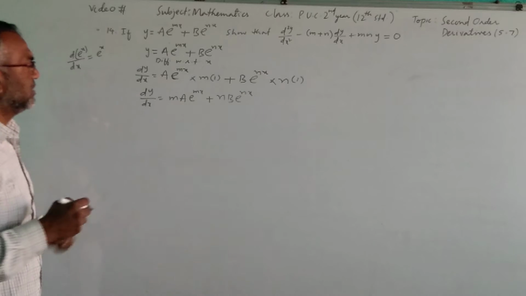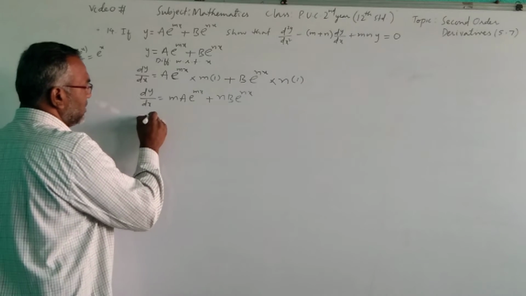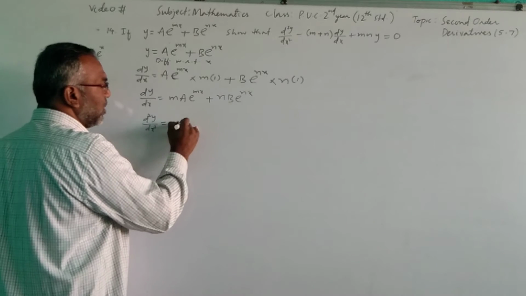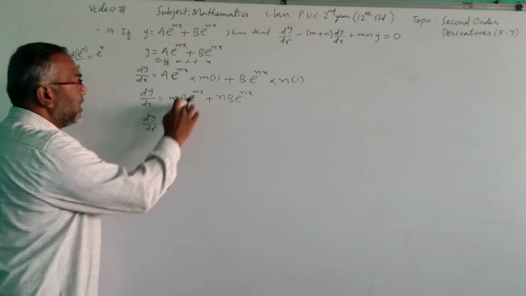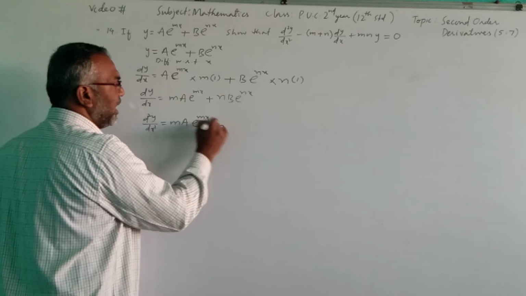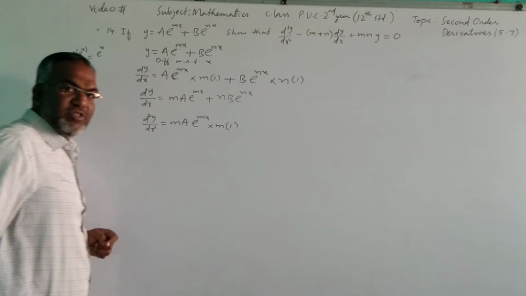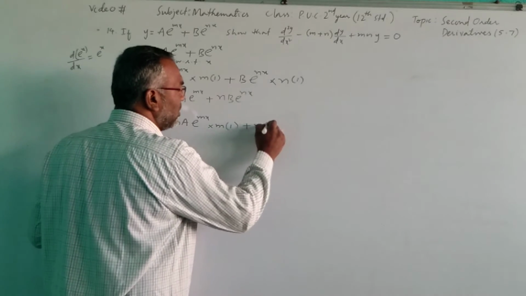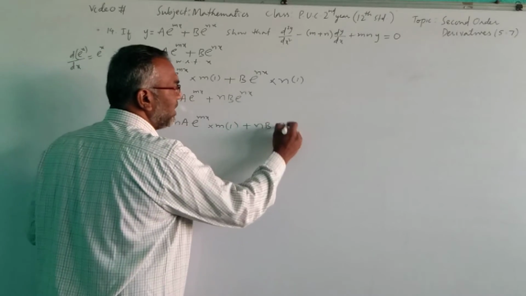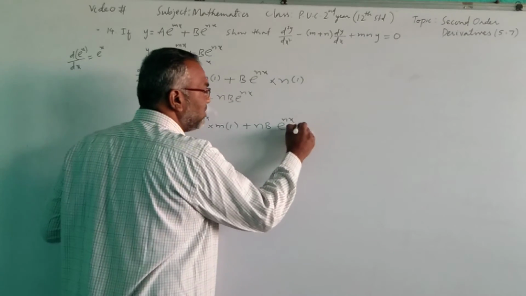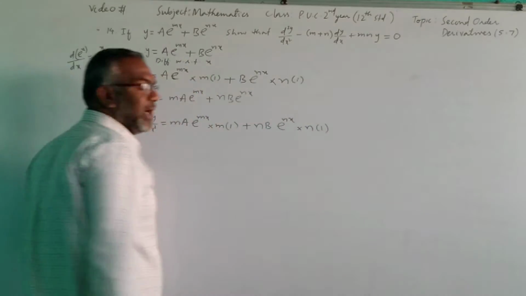Let's differentiate again. d square y by dx square will be equal to m, a constant as it is. Differentiation of e to the power of mx is e to the power of mx into m, differentiation of x is 1, plus nb constant as it is. Differentiation of e to the power of nx is e to the power of nx into differentiation of nx, which is n into 1.